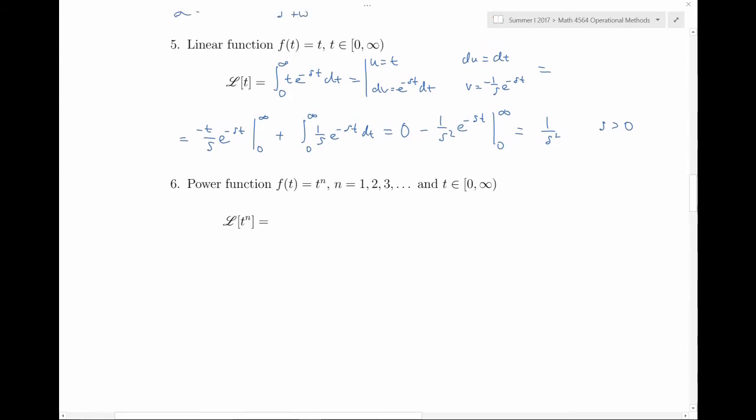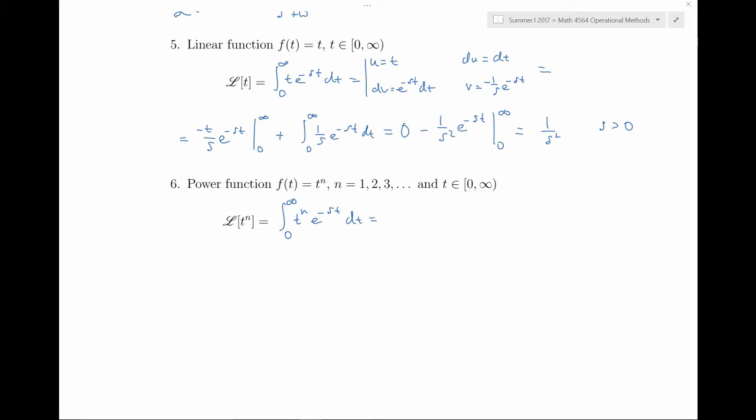So that's interesting, if the pattern would repeat itself when we start looking at higher powers of t. Okay, let's just go ahead and do it. Again, we apply the definition of the Laplace transform to the function t to the n. This needs integration by parts applied exactly n times. Well, doing that would be actually quite long.